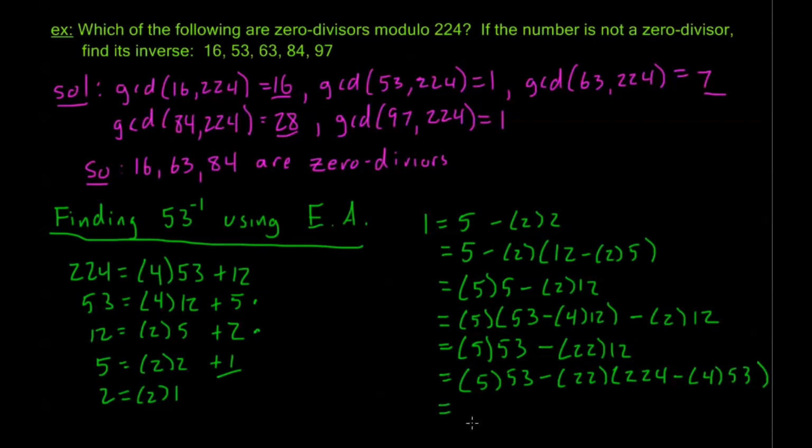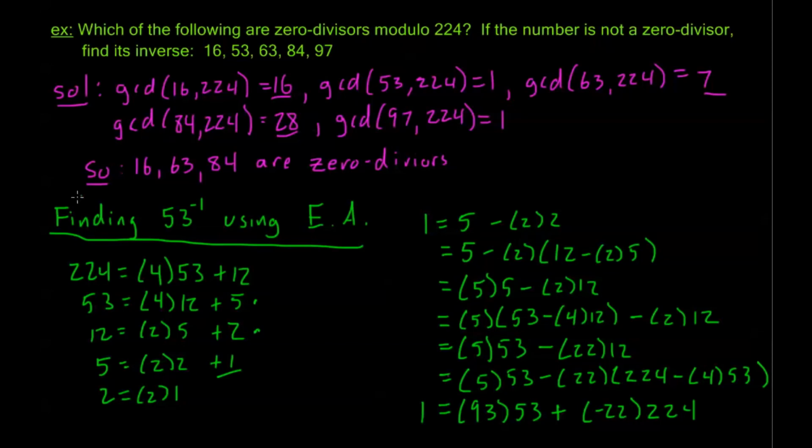And simplifying out a bit, let's look at my 53s first. I have negative 22 times negative 4, so that's 88 plus 5. I'm going to get 93 times 53. I'm going to write this as plus negative 22 times 224. Now this is my linear combination for my GCD, right?